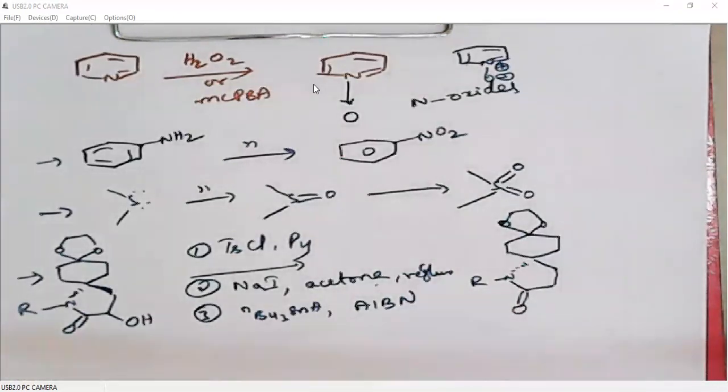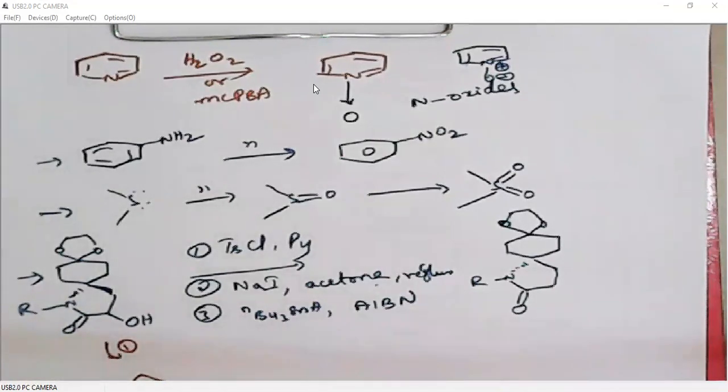Tosyl chloride and pyridine is a basic condition, so of course that won't affect any acid-sensitive functional groups or the lactam. Sodium iodide is a nucleophile, so it will only replace that. I'll give one by one. I'll tell you only these things. I don't take all of them.